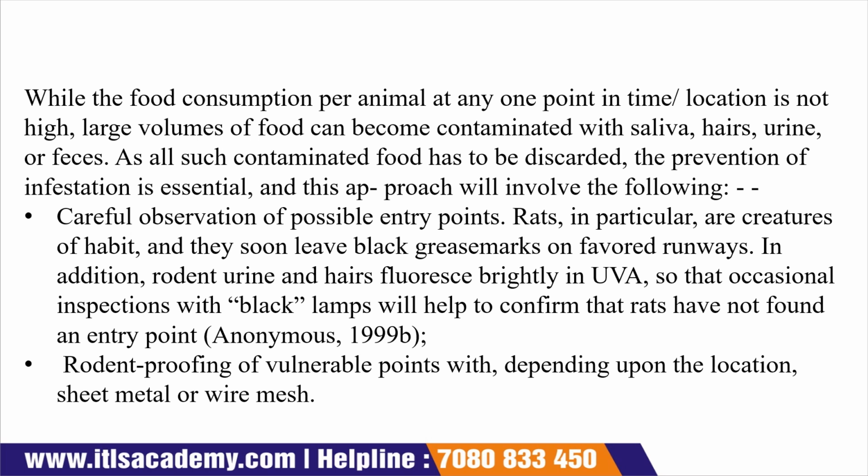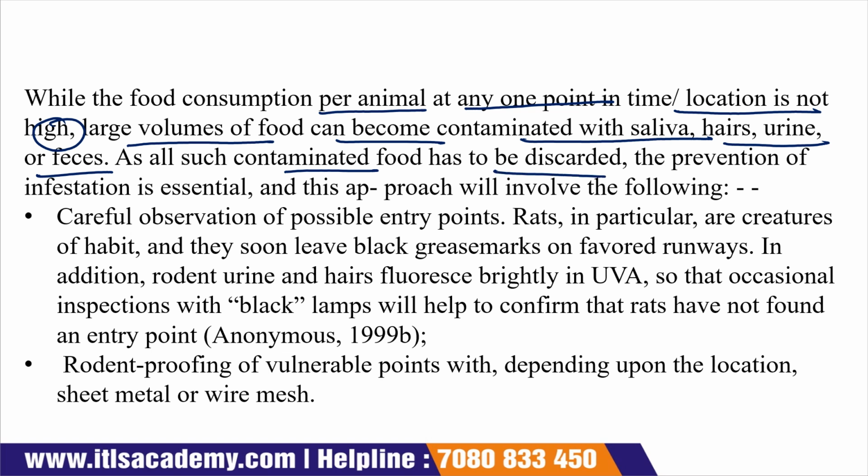While the food consumption per animal at any point in time is not high, large volumes of food can become contaminated with saliva, hair, urine, or feces. As all such contaminated food has to be discarded, the prevention of infestation is very essential, and this approach will involve the following things.